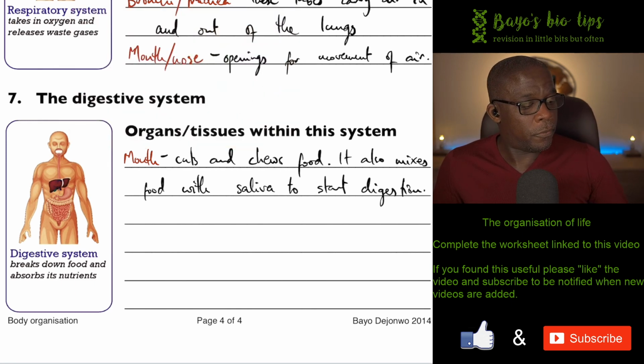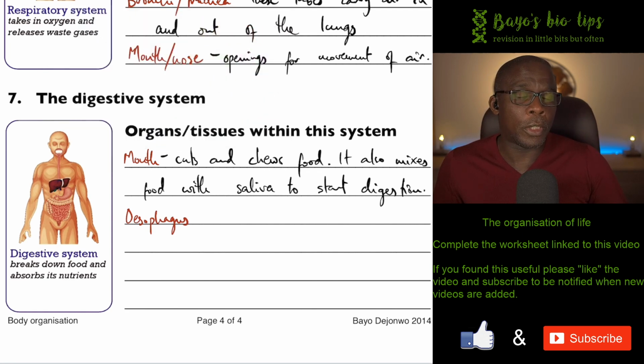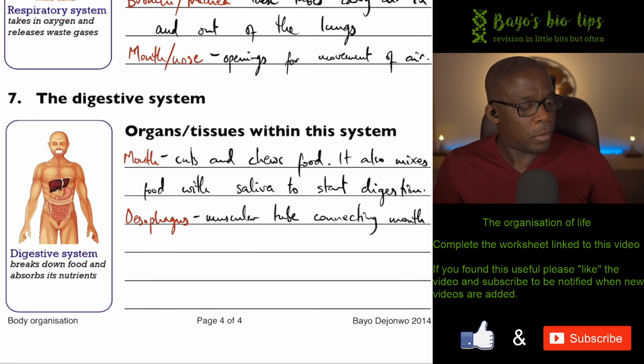From the mouth, the food then goes down the esophagus, which is a muscular tube connecting the mouth to the stomach.